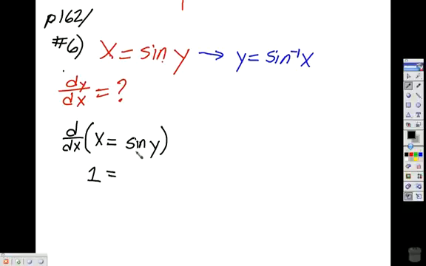The derivative of the sine of y, think of this as if it were a chain rule, where f is the fact that we're taking the sine of something, and g is some function that gets plugged into the sine. What are we plugging into sine? We're plugging in y. So whatever that function y is, that's what we'll call g. F prime, the derivative of the sine of x, is the cosine of x.